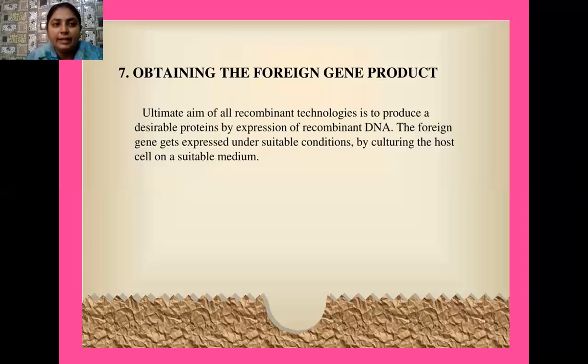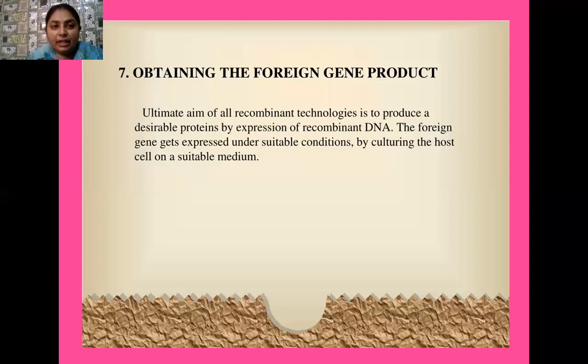So these bioreactors are actually steel vessels. And here we allow our host cells to grow on tons of culture medium. All the optimum conditions that are required for the growth of these host cells are provided by us in vitro, because we are doing these things in lab conditions.